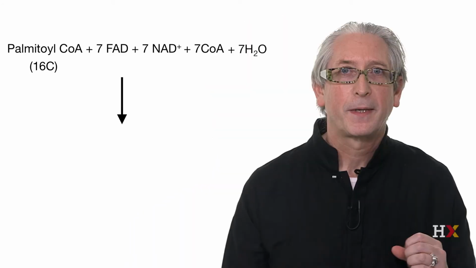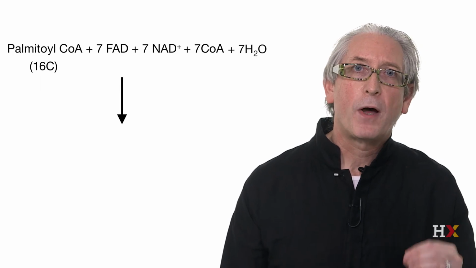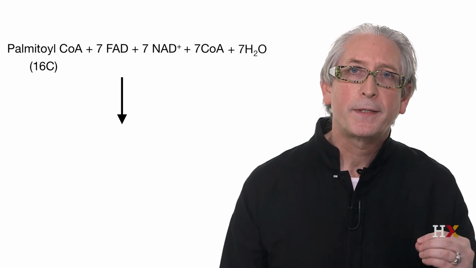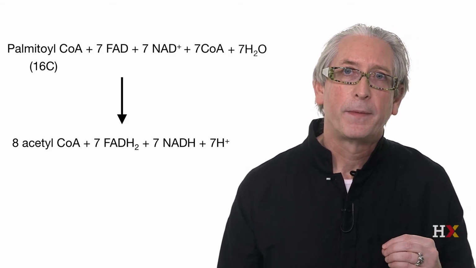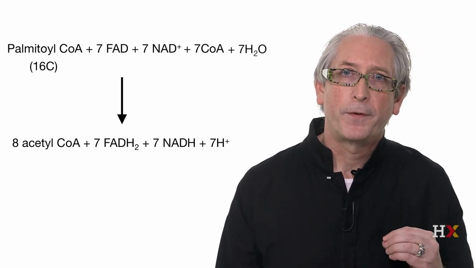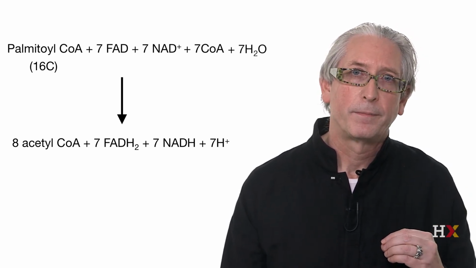How much energy is produced by the complete oxidation of a fatty acid molecule? Let's take the example of a 16-carbon fatty acid, palmitate, starting with palmitoyl coenzyme A. 7 rounds of oxidation will be necessary to release 8 molecules of acetyl coenzyme A, 7 molecules of FADH2, and 7 molecules of NADH.